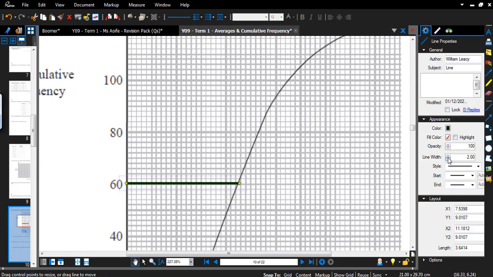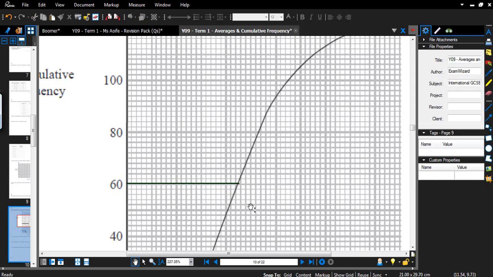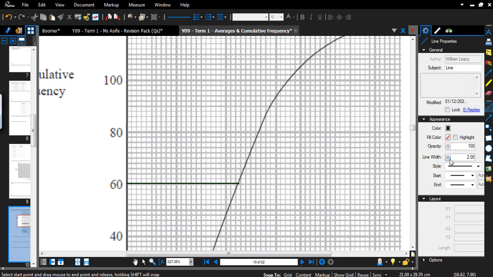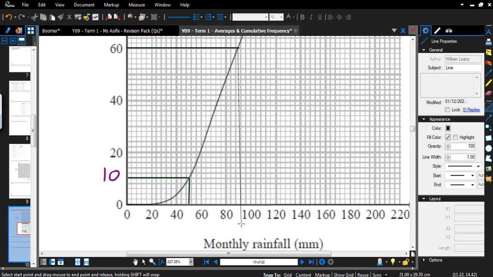Let's go a bit more accurate. Yeah, we'll get another line. It kind of hits it in the middle of them. Let's draw it. Yeah, it's right down the middle.